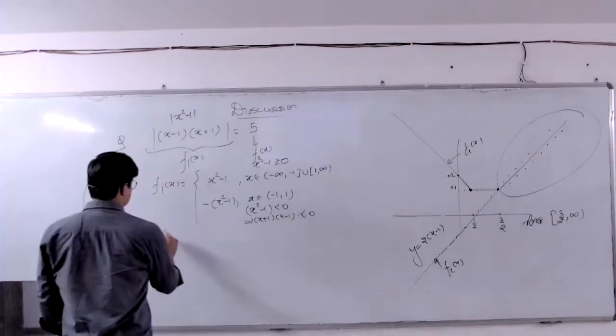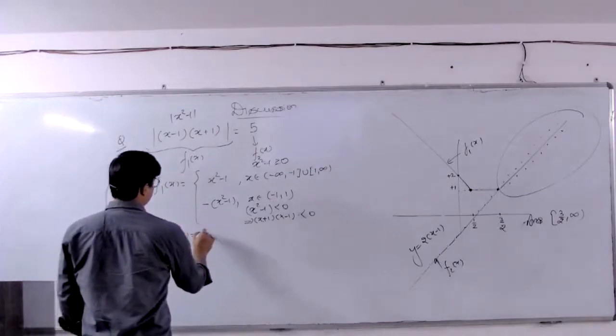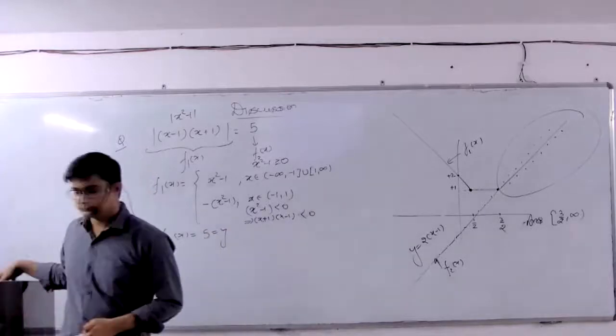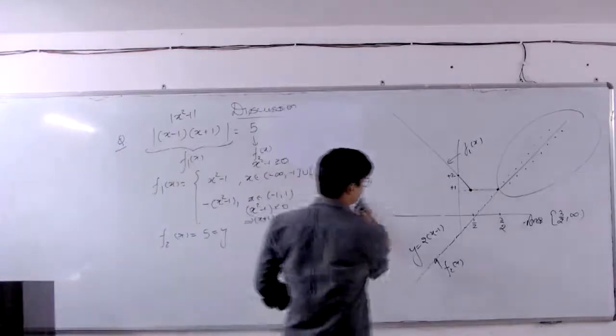And f2(x) is nothing but 5. So can I say y equals 5? Now let's see its graph.